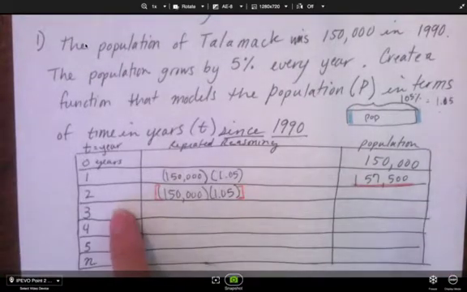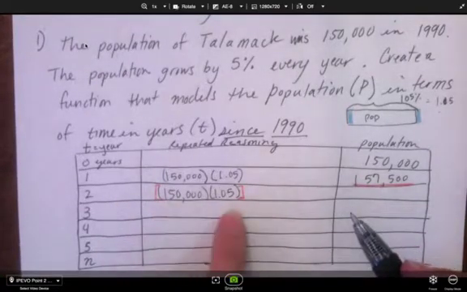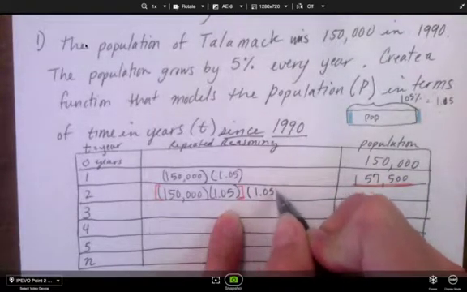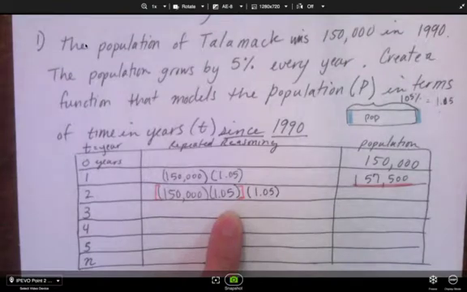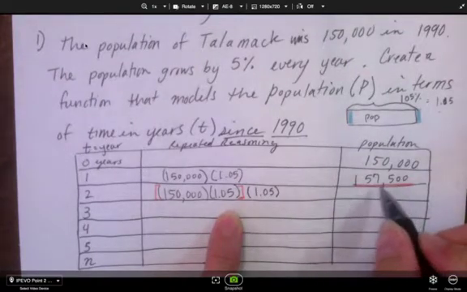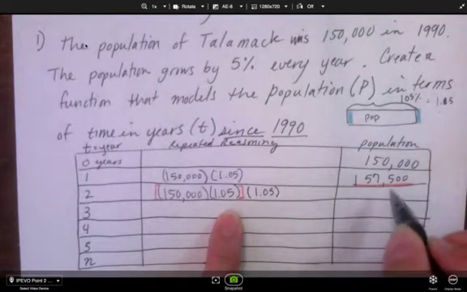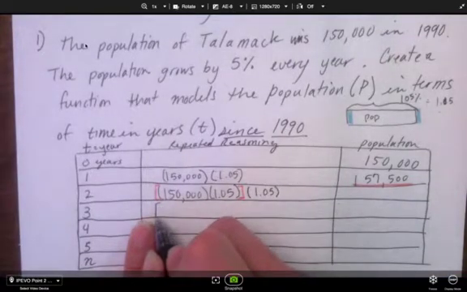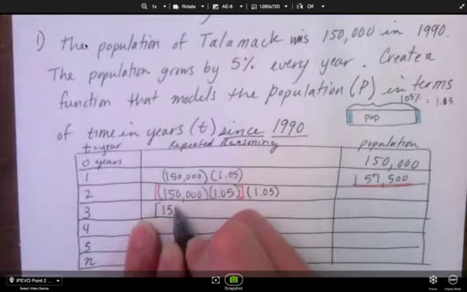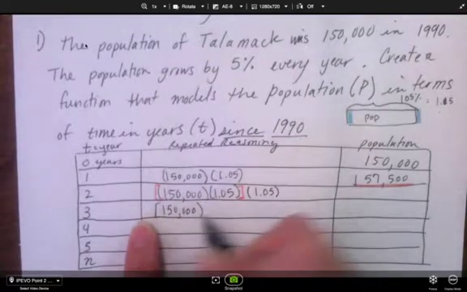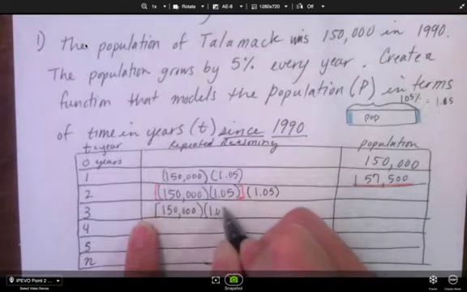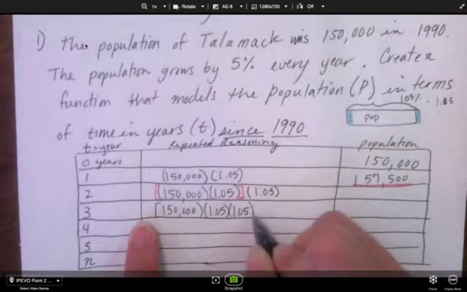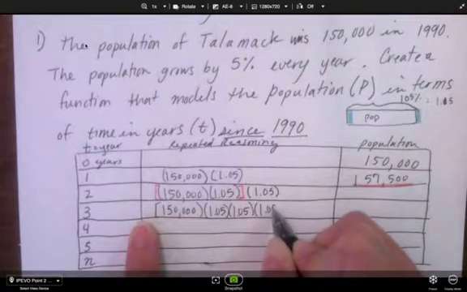And so after the second year, we take this amount and we get 105% of last year. Okay, we're going to get a new number here. Now, I don't actually care about what this number is because that's not the purpose of this activity. So the following year, we're going to get 150,000 times 1.05 times 1.05 times another 1.05, right?